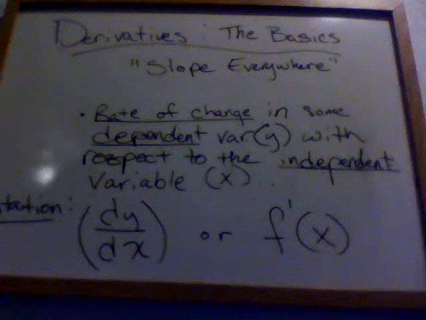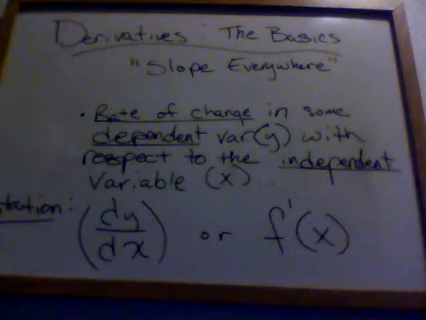Kind of rambling here, but the notation that's commonly used is dy over dx. This is read as the derivative of y with respect to x, or I prefer the notation f prime of x, especially because I just kind of like it. It's nice and clean.